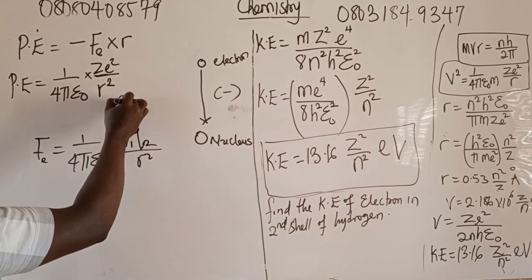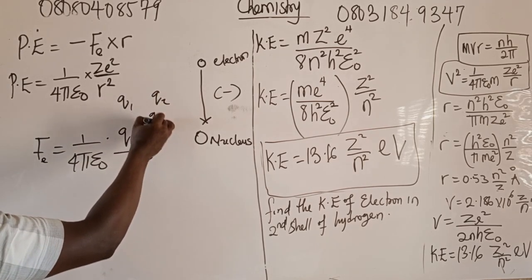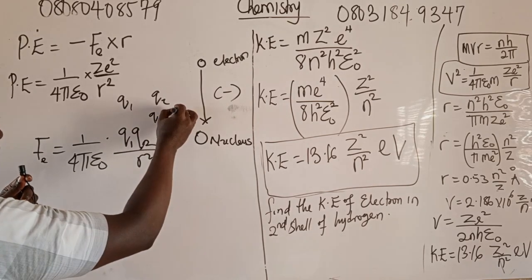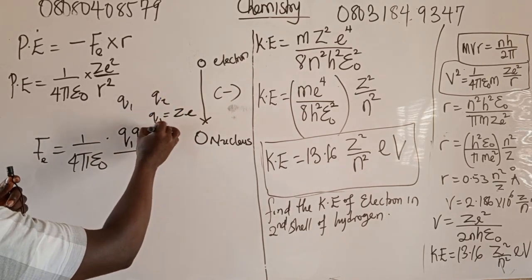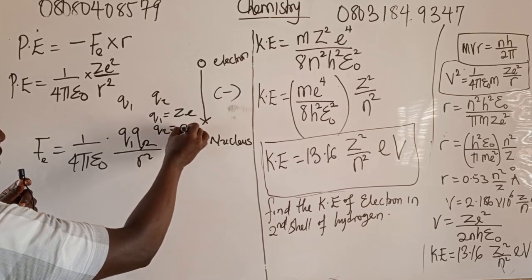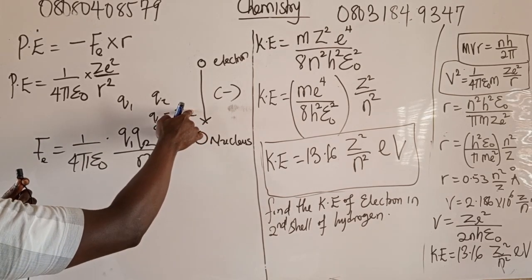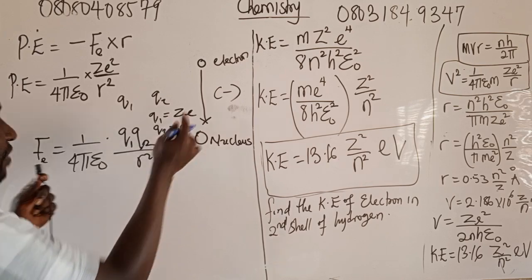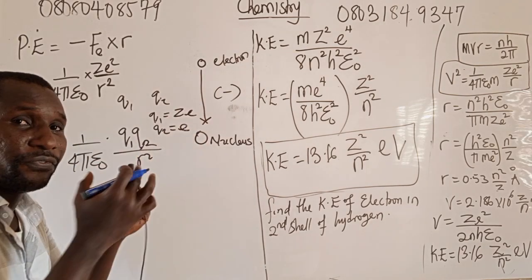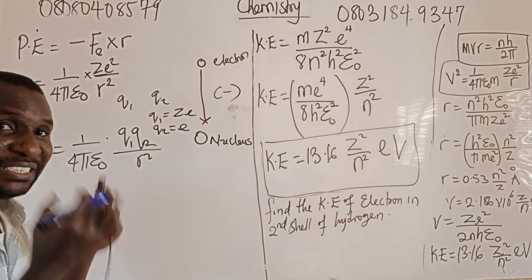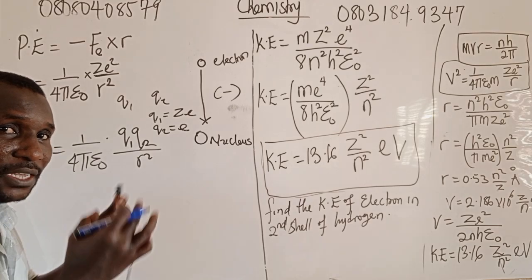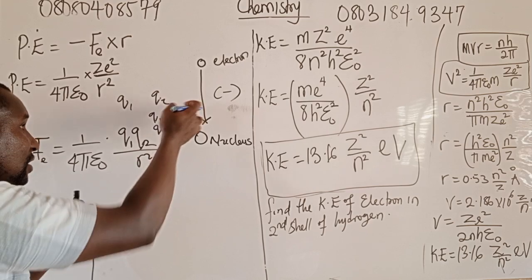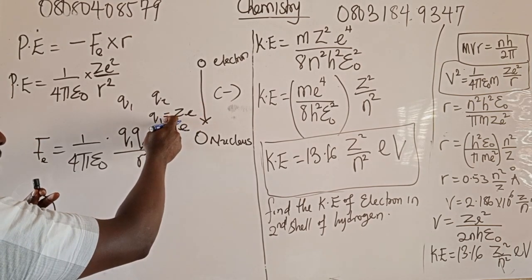And I told you Q1, Q2. Q1 is the proton charge, which is Ze. Then Q2 is the electron charge, which is e. They have the same value, the same magnitude, but different charge: positive and negative. Z is the atomic number of the atom.